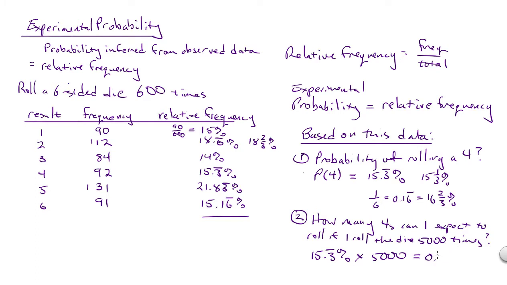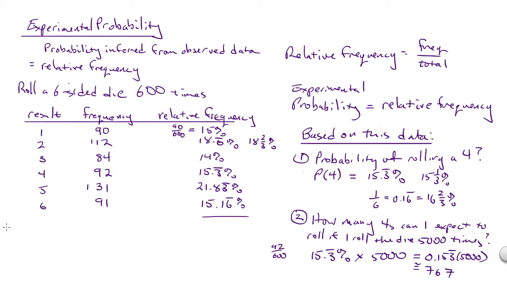And so we would convert that to 0.153 repeating, or just use the original fraction, 92 over 600. Use that decimal and multiply that by 5,000. And we would get about, I'll use a little squiggle here on the equals just to say this is about, 767 if we round it to the nearest whole.